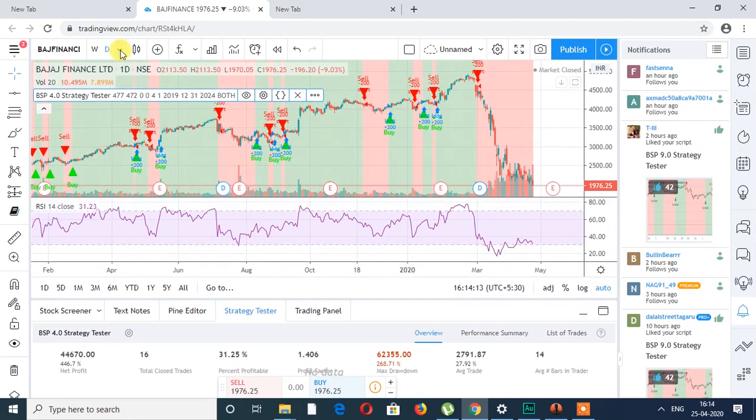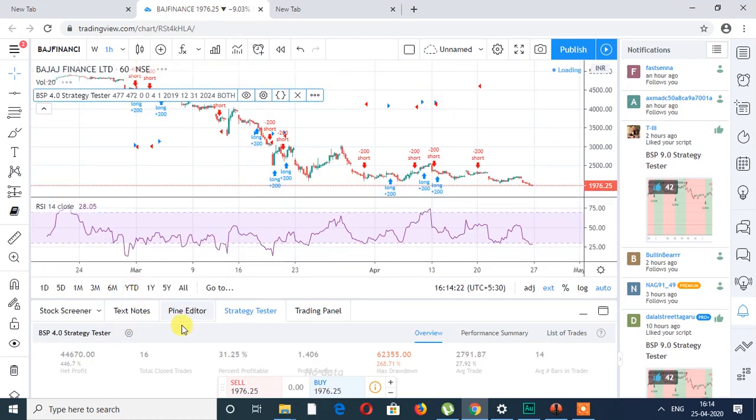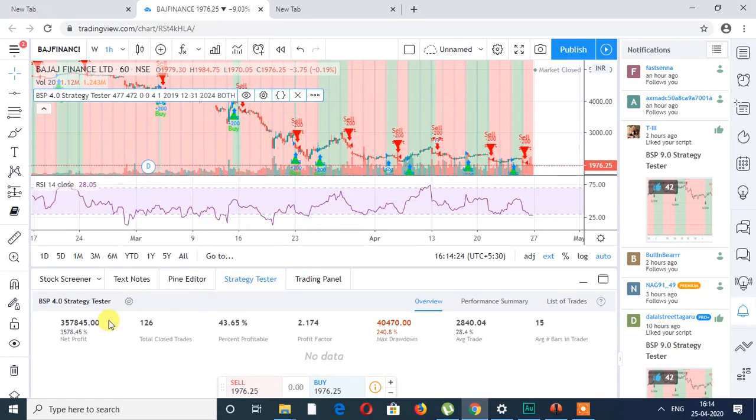This is on the daily chart, but if you are a frequent trader and you want to take trades frequently, you can use an hourly chart. To check the profitability, see, the profitability has increased to 3000%. Whatever amount you invested for 100 shares initially, it has given a profit of around 3,57,000.